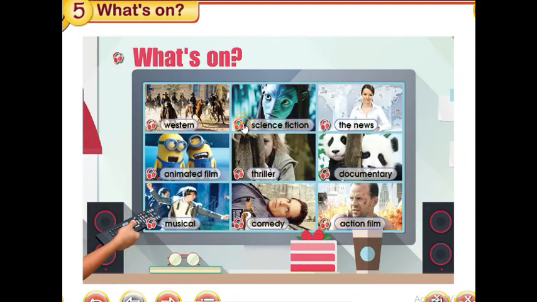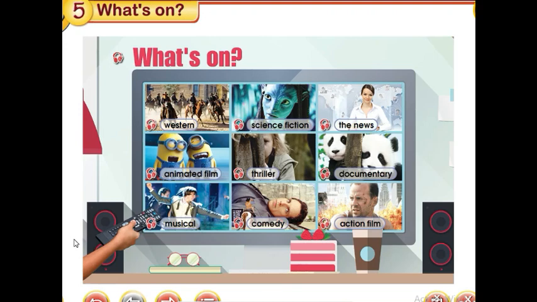Western, science fiction, the news, animated film, thriller, documentary, action film, comedy, musical. So Western films are films based on cowboys and life in the west of the US in the past. Science fiction is films based on imagined scientific facts. And then we have the news.